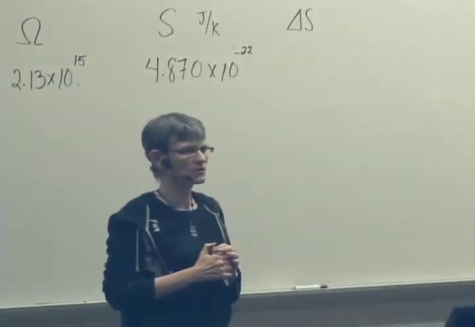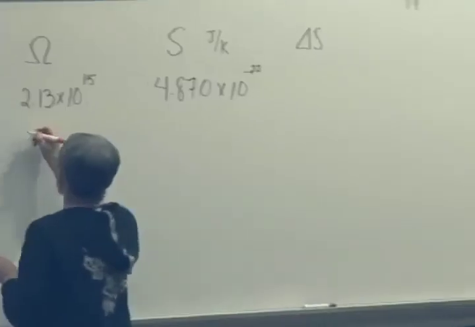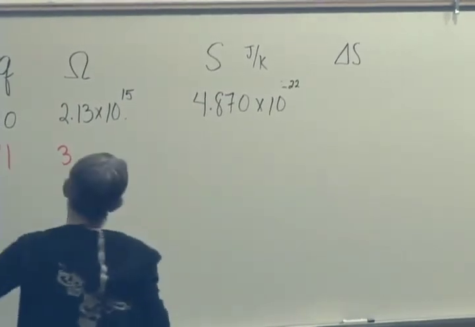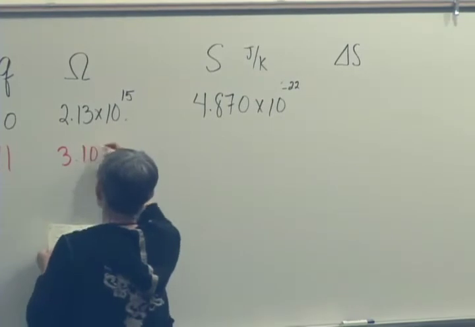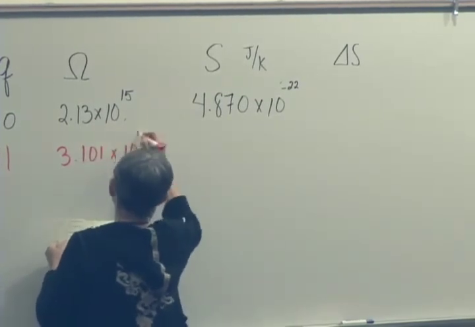So what's omega when we've got 11 quanta? I'm going to keep a few more significant figures. 3.101 times 10 to the 17.